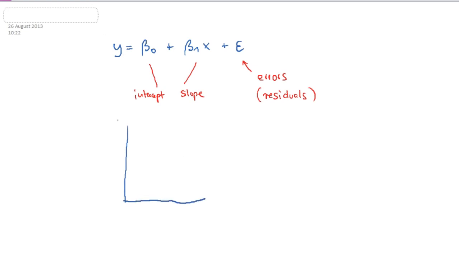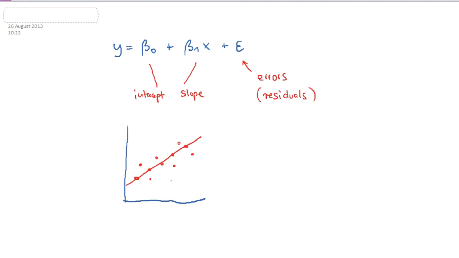Not all the data points will lie perfectly on the regression line. So if all values would be lying on this regression line, then the residuals would be 0, and we would be left with y equals beta naught plus beta 1x.